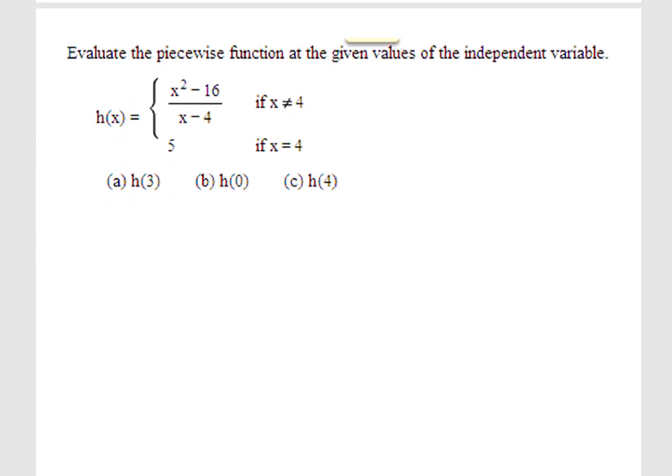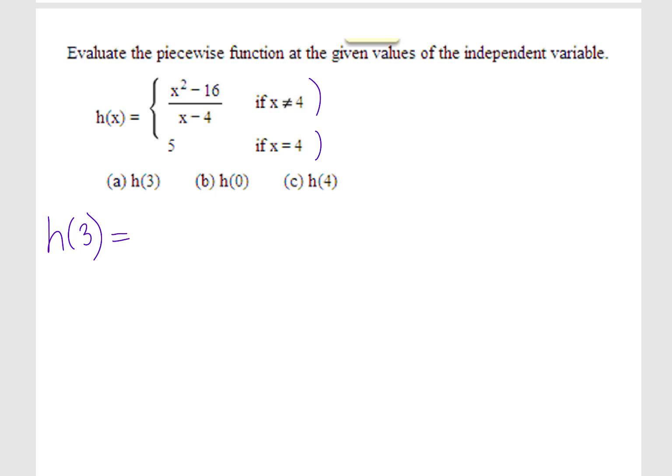So in this one, they tell us to evaluate the piecewise function at the given values of the independent variables. So same thing. They're saying plug it in, plug it in. So this is telling us that we're going to follow x squared minus 16 over x minus 4 if x is not 4. And then our output is just plain old 5 if x is equal to 4. So for h of 3, my question would be, which criteria does it match?